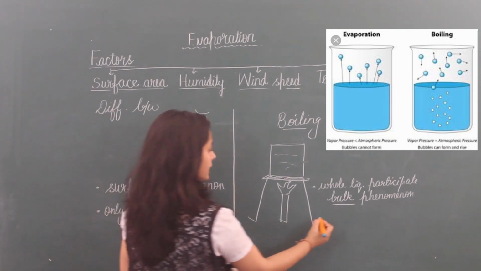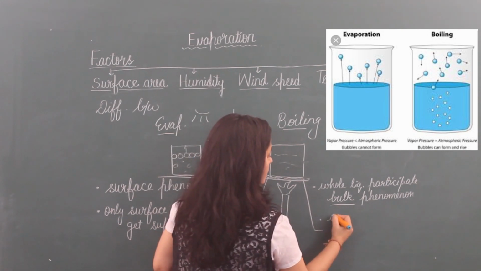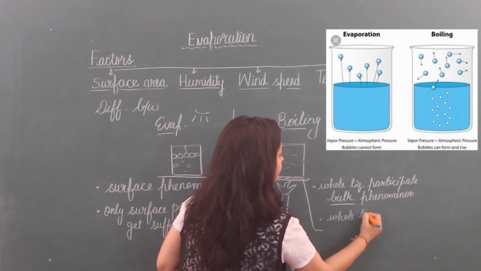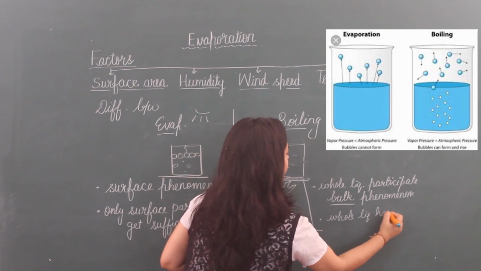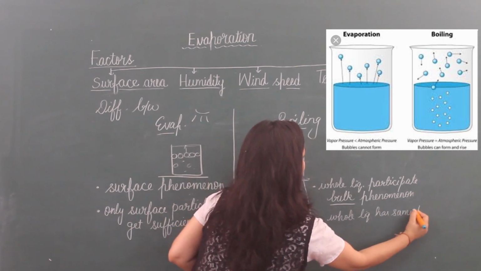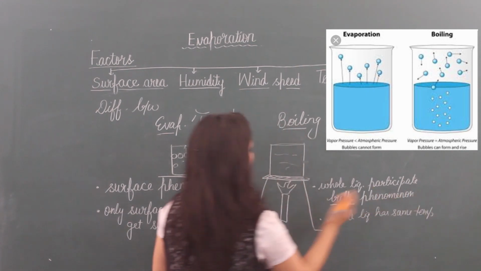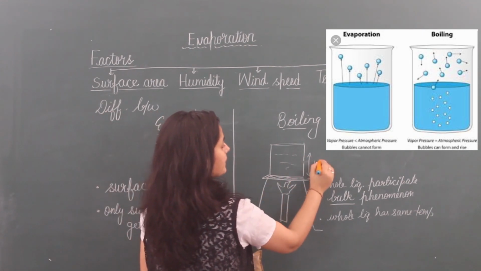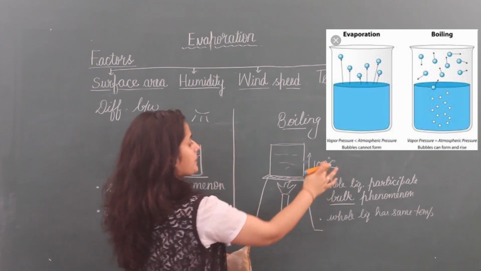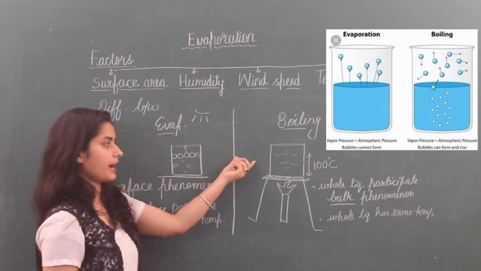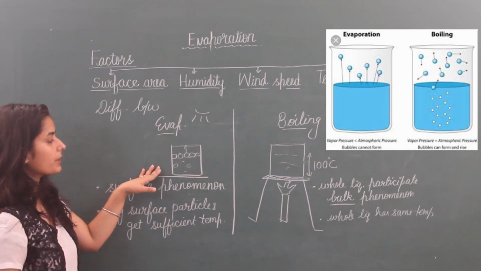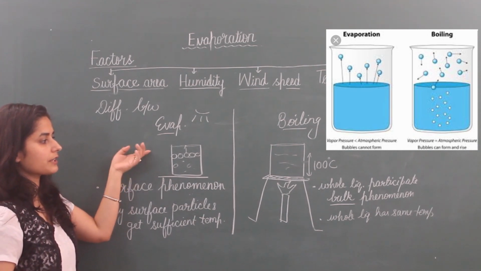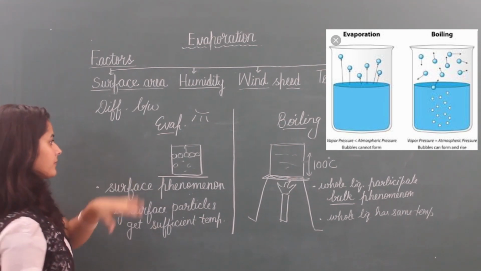In case of boiling, the whole liquid has the same temperature. That means if it is water, then the whole liquid has 100 degrees Celsius temperature, then only boiling will start. Here the temperature of lower particles is less than the surface particles.